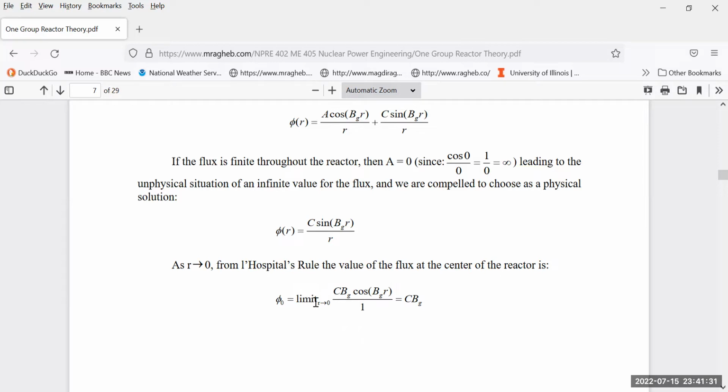Then you take the limit as r tends to 0, and as r tends to 0, the cosine becomes 1. So phi_0, the flux at the origin, is equal to C multiplied by B_G. So I can substitute for the C here as phi_0 divided by B_G.